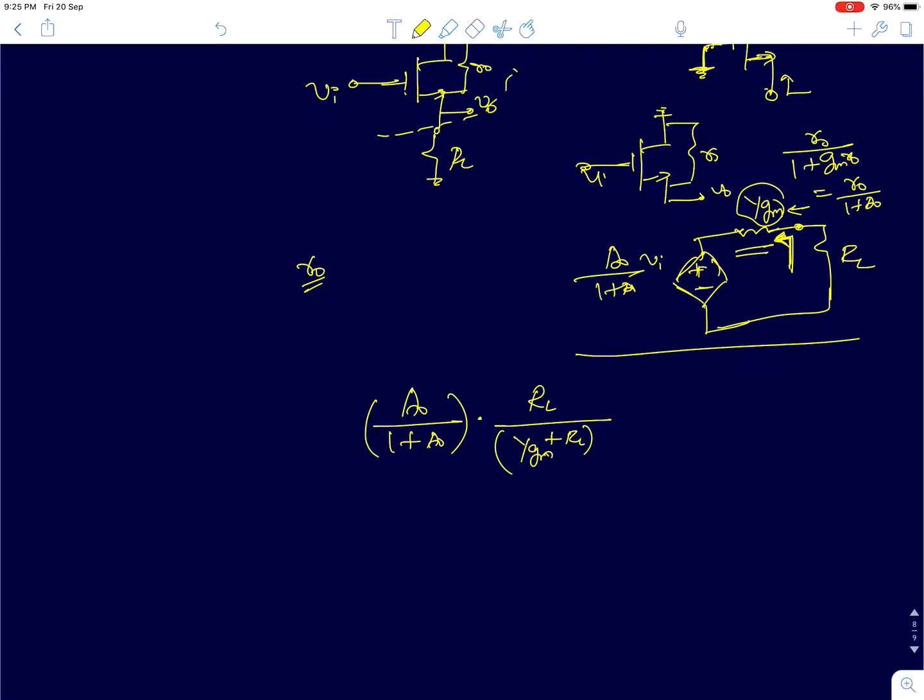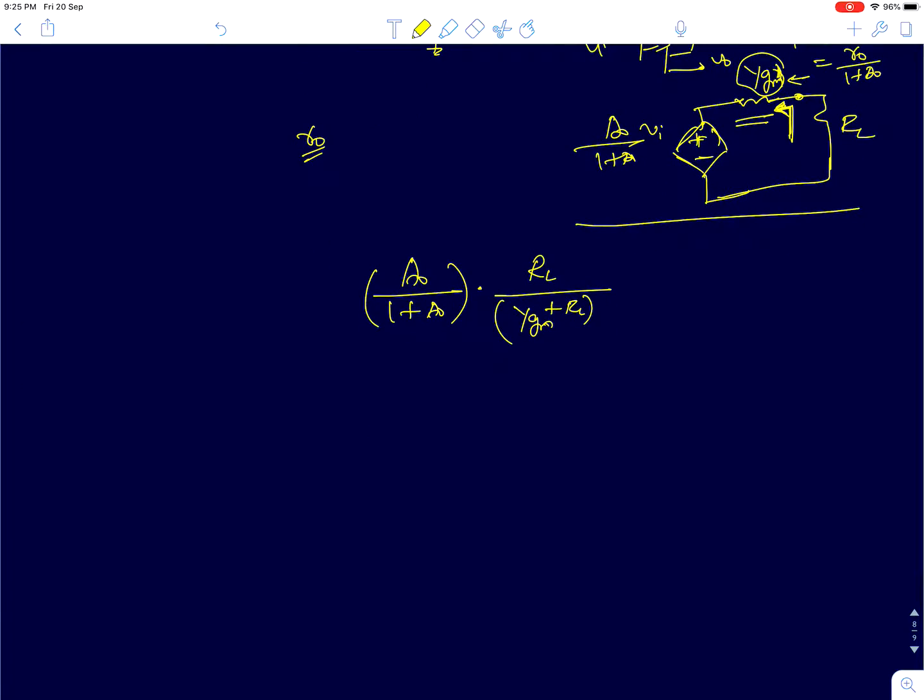Okay, and using a single MOSFET, the lowest resistance you can get is 1 by Gm. Okay, so this is going to be A0 by 1 plus A0 into Gm RL by 1 plus Gm RL. If your Gm is very large, then yes, the gain is going to be approximately equal to A0 by 1 plus A0.